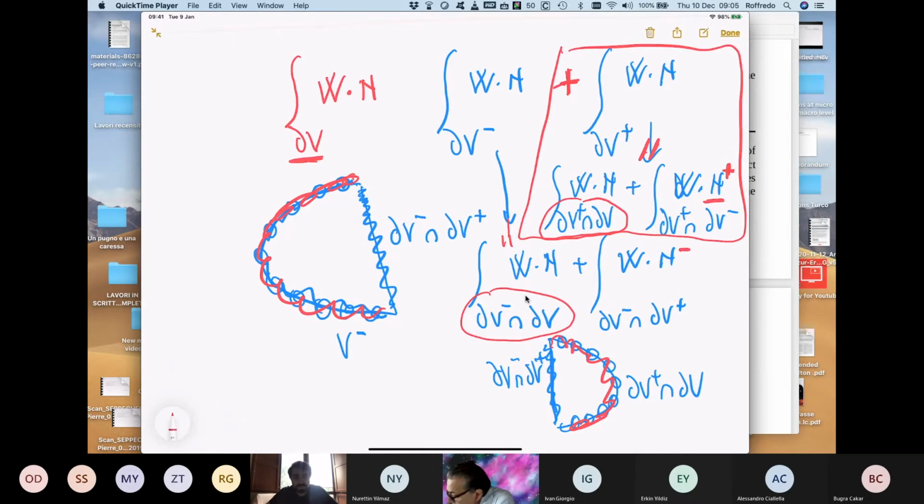On this intersection, N plus is equal to minus N minus. So these two addends cancel.